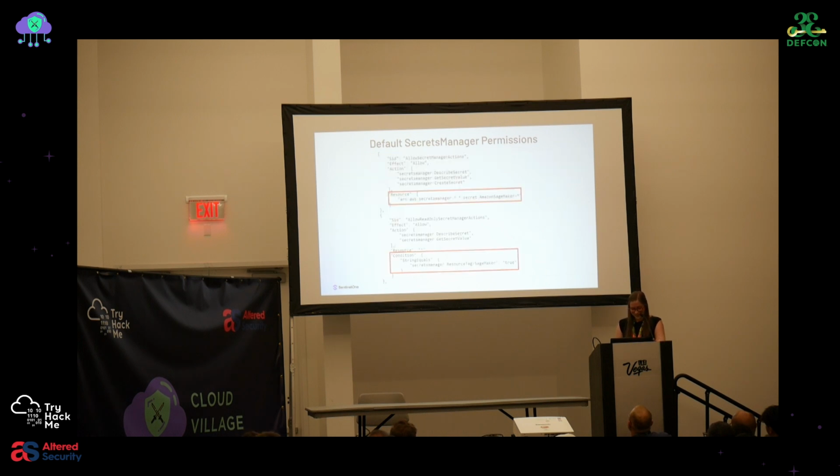I'm greedy. So I discovered two interesting things. I saw in the policy that I can describe, get, and create secrets that either have AmazonSageMaker at the start of the key name, or have the SageMaker true resource tag.